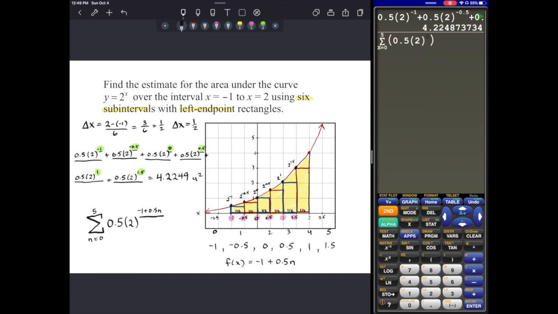I'm going to raise that 2 to the power of negative 1 plus 0.5x. And when we hit enter there, you see we get the exact same answer. That would probably be easier to type in versus trying to type in the big expression that we did before. So again, the answer is 4.2249 when we round to the nearest 10,000ths place.